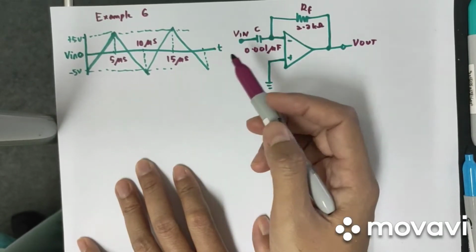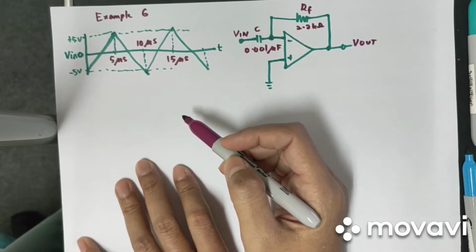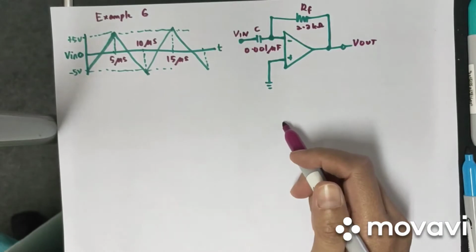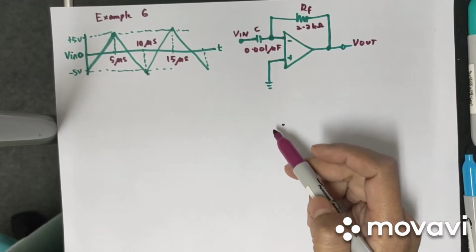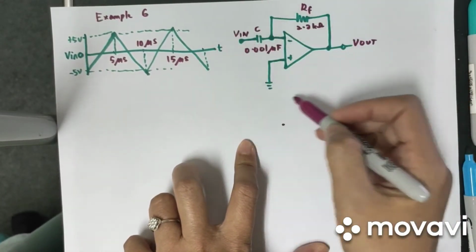Okay, what is the difference between the op-amp differentiator dengan op-amp integrator? The difference is the circuit connection.